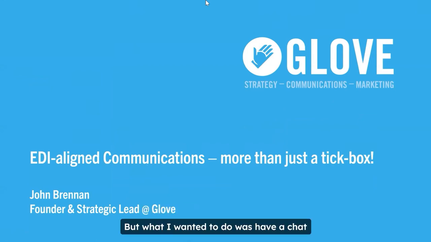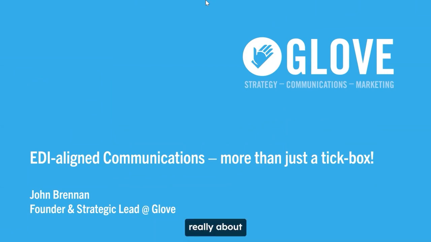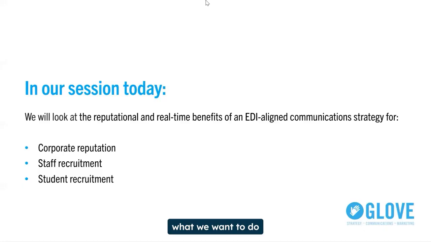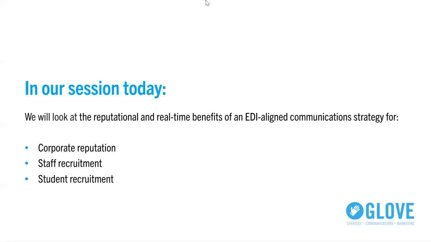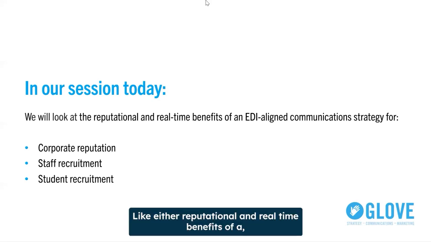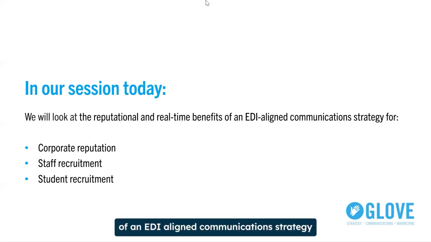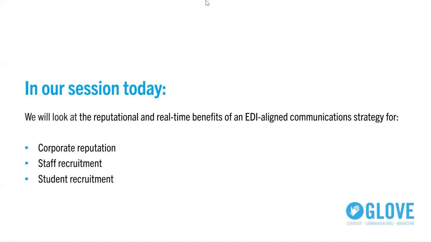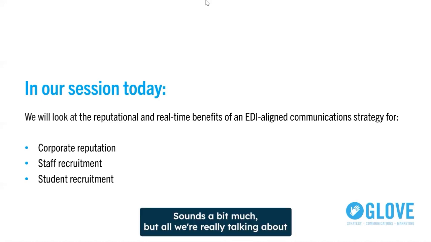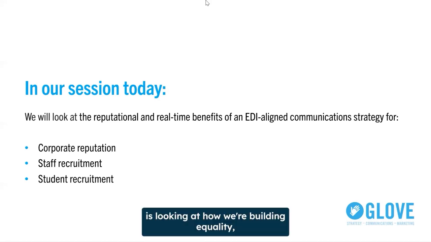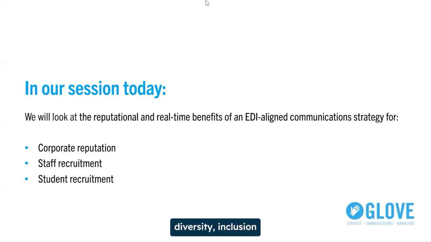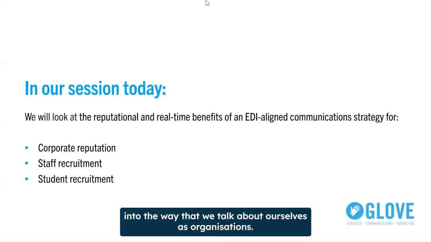But what I wanted to do was have a chat about what we want to do as a communications function in relation to the reputational and real-time benefits of an EDI aligned communications strategy. Sounds a bit posh, but all we're really talking about is looking at how we're building equality, diversity, inclusion into the way that we talk about ourselves as organizations.